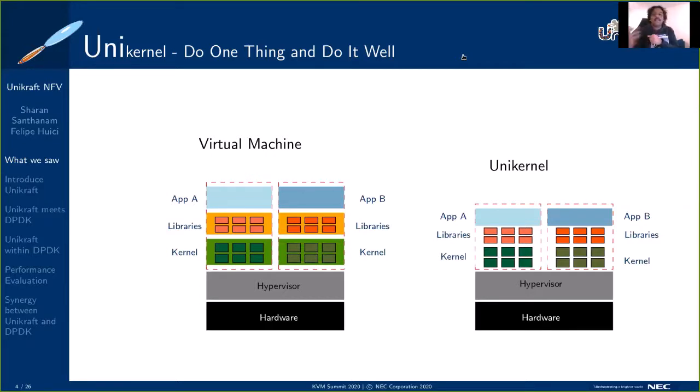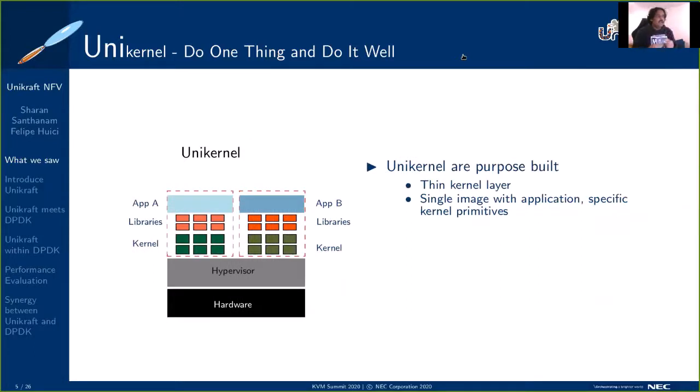Just to summarize, a Unikernel image is a purpose-built image with a thin layer of the kernel embedded into the application as such. Thereby, the application as such has to select which libraries it needs and which kernel components it needs.